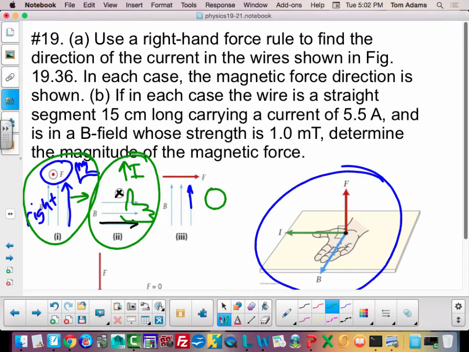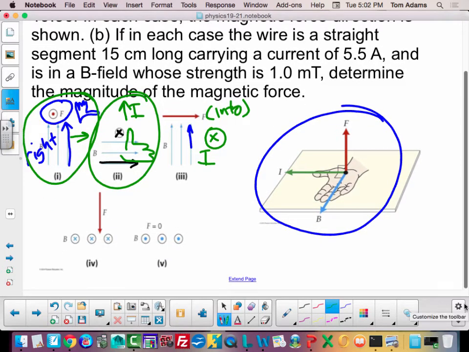You would draw that like this, and in parentheses say into the board, or into the page. We're doing good so far. My hand is kind of sideways if you do it that way.